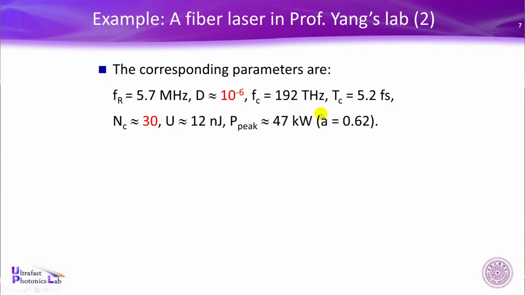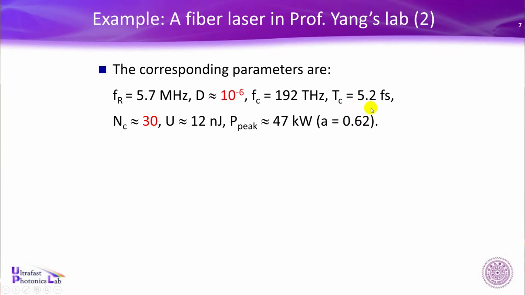By the central wavelength, you can calculate the carrier frequency, which is very high, 192 terahertz. T means 10 to the 12th. And from this number, taking an inverse, you got the carrier cycle, which is 5.2 femtoseconds.